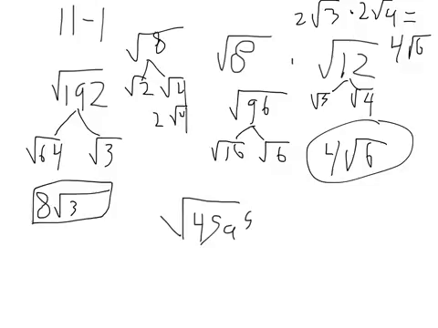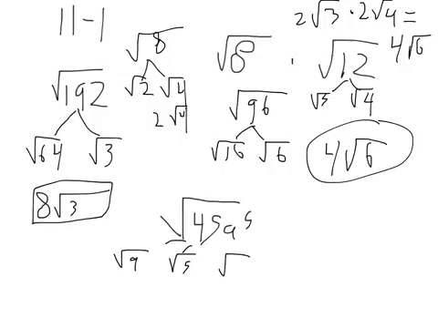But now, if you add variables to it, like a or x to the 5th, it's kind of the same idea, but just a little bit different. So you just have to divide it up, and so you basically are doing the same thing. So take it to square root of 9 and square root of 5 would work. But then when it comes down to the variables, it's a little different.